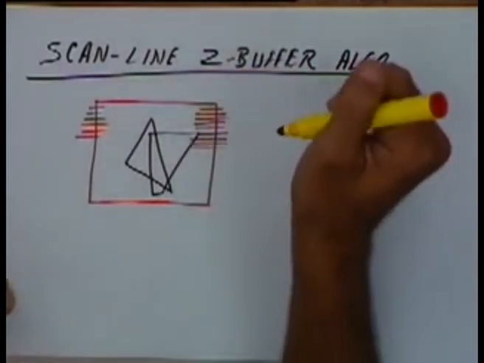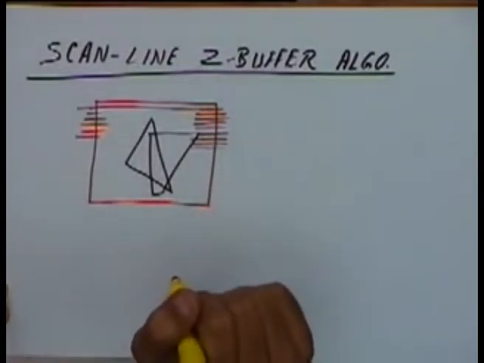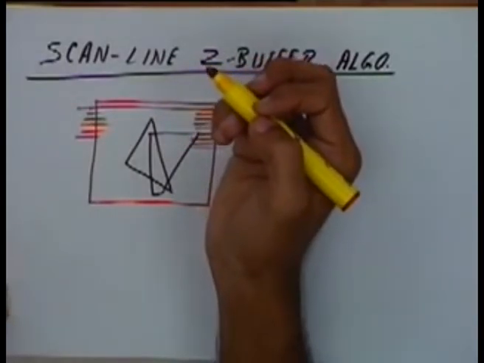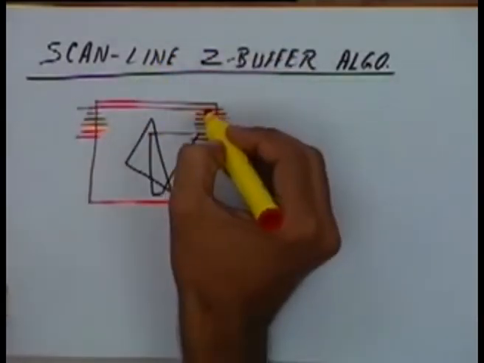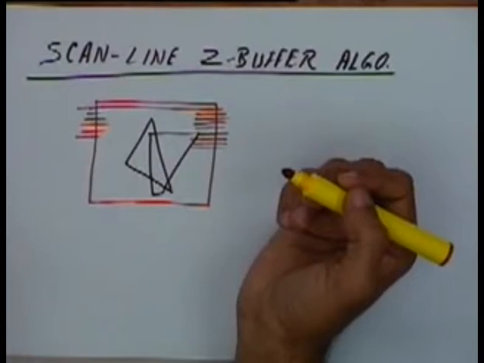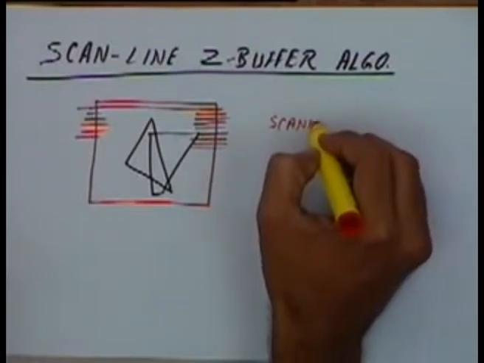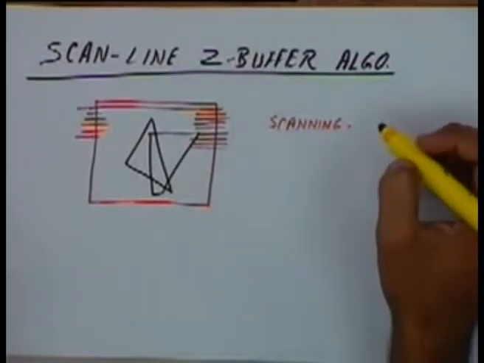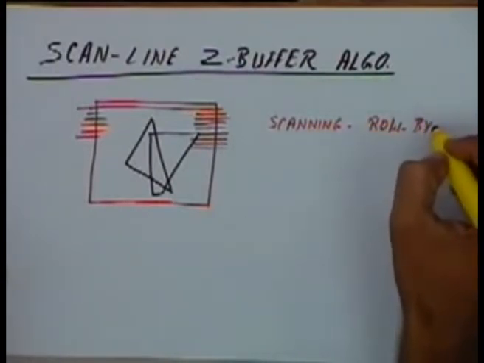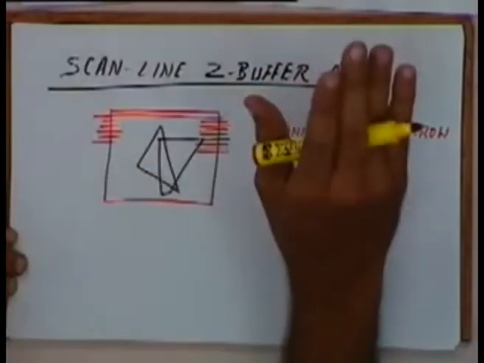Instead of that, what we will now do is first look at one row, look at all the polygons which are crossing that row, and decide for this row which polygon is displayed. I will do my scanning row by row, or scan line by scan line, and for each scan line I will first complete all the polygons.